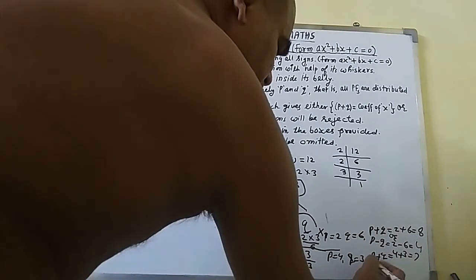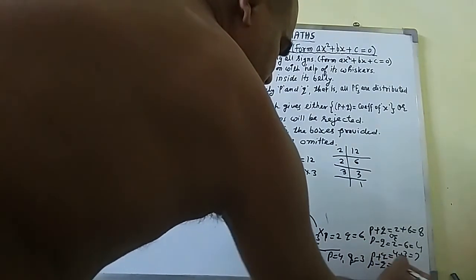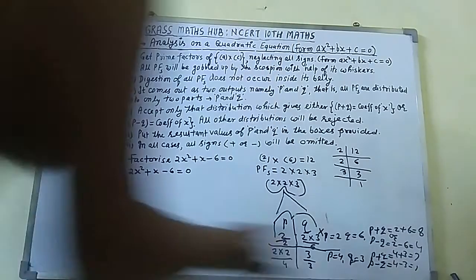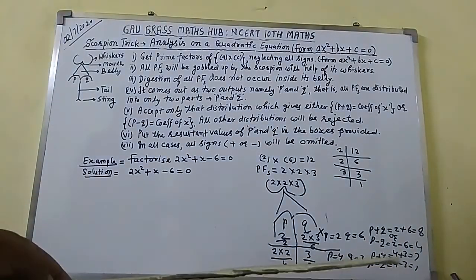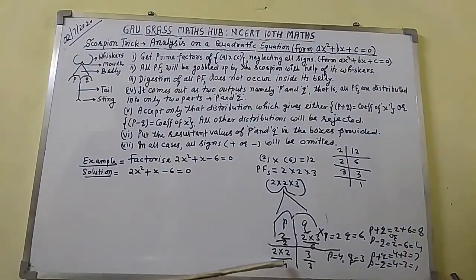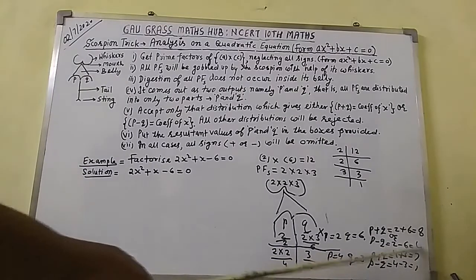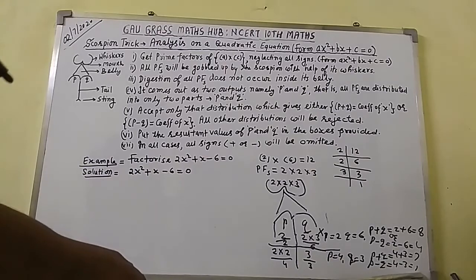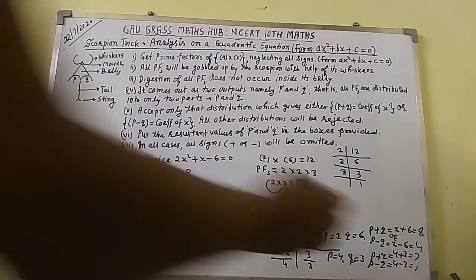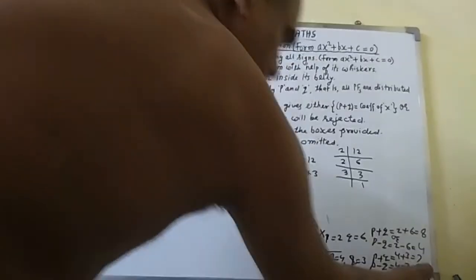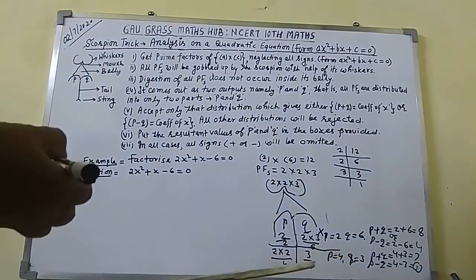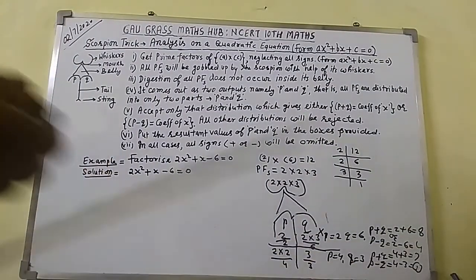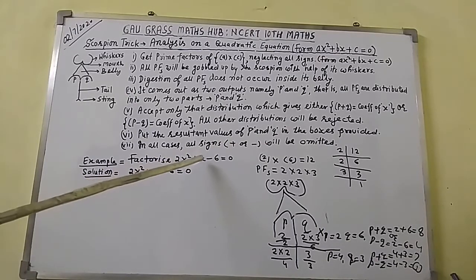And P minus Q, 4 minus 3 comes out to 1. 1 is the coefficient of x.